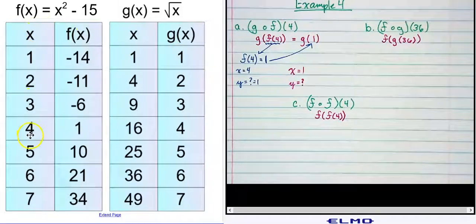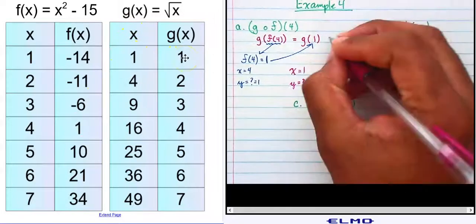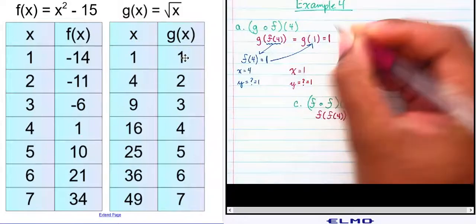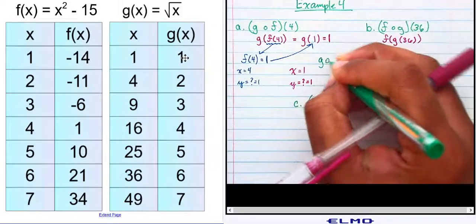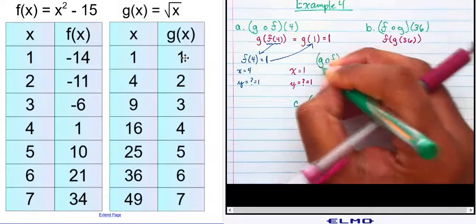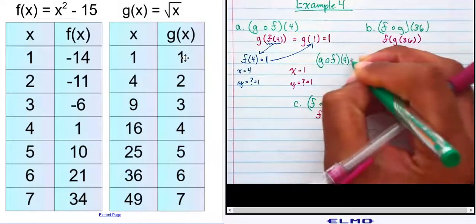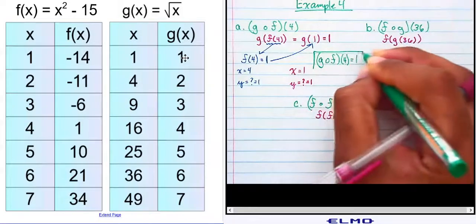So again, 4 here gives us 1. So we go 1 equals 1. All right, so the whole thing, again, go back to the original. And we're good.